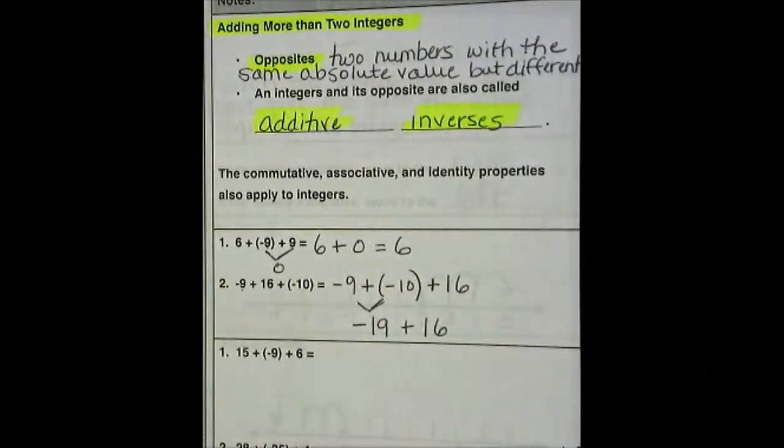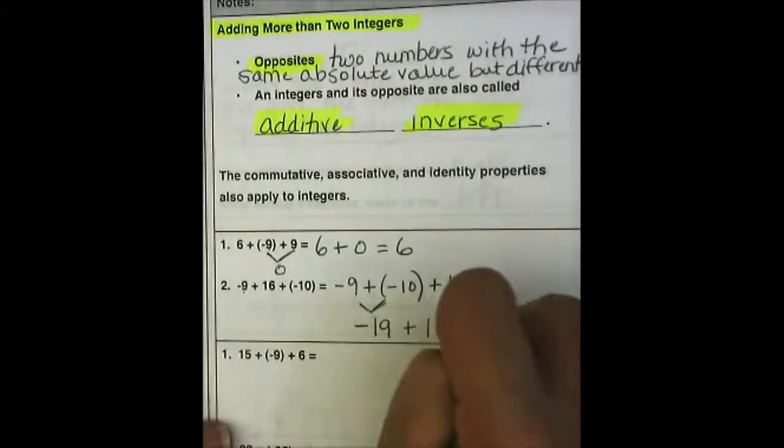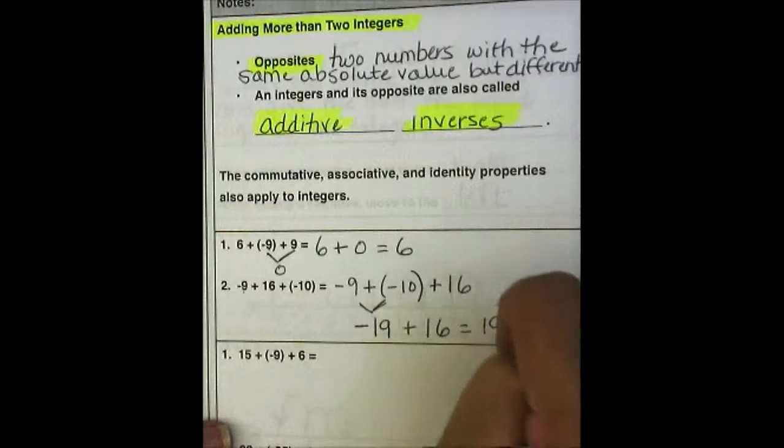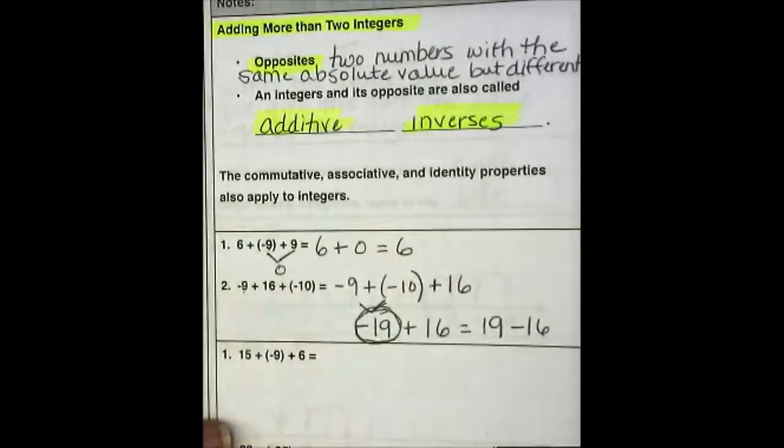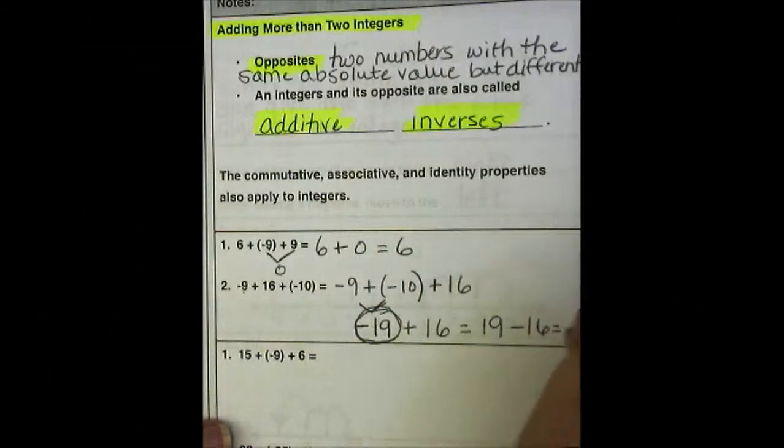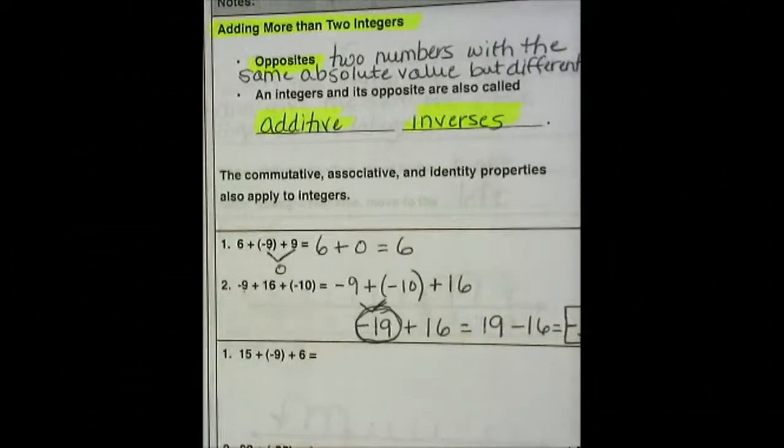And what we're going to do is go back to our rule for adding different signs. Remember that when we do that, we're going to subtract. So 19 minus 16, we're going to look at the one we have the most of, and we're going to get -3.